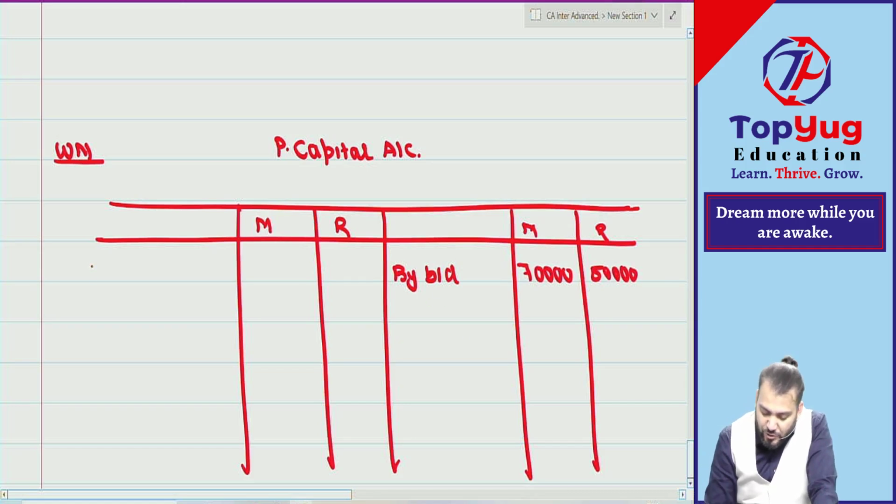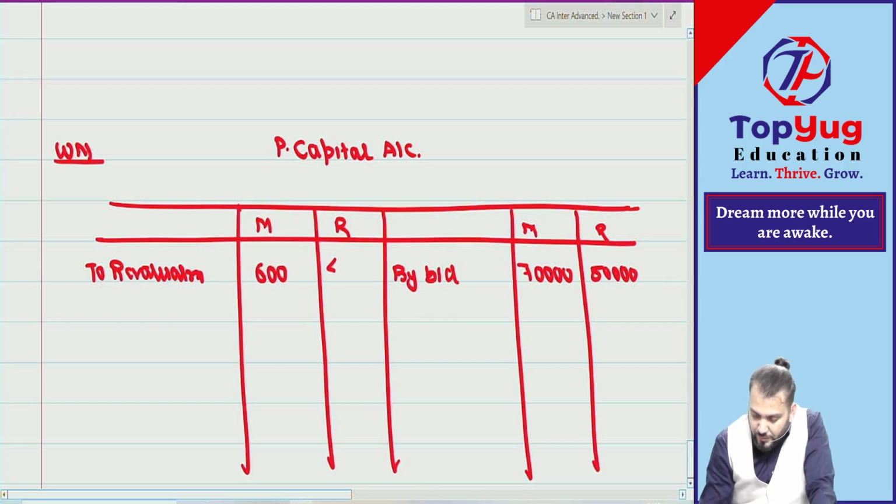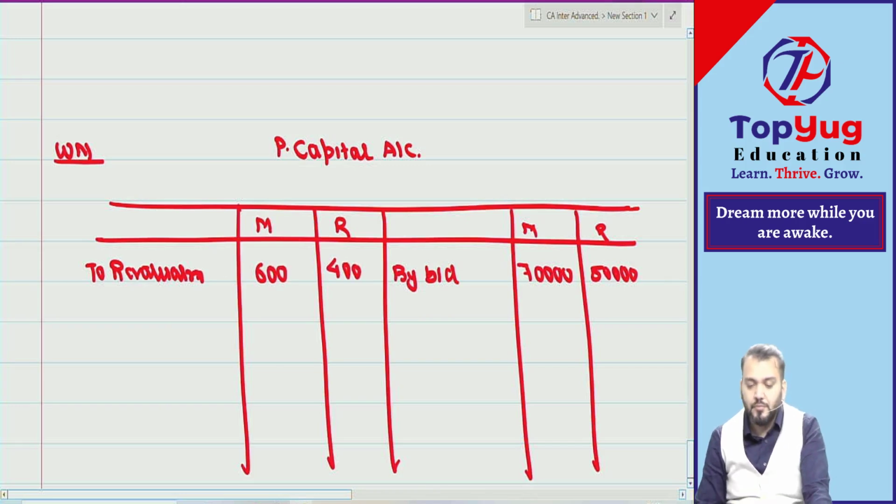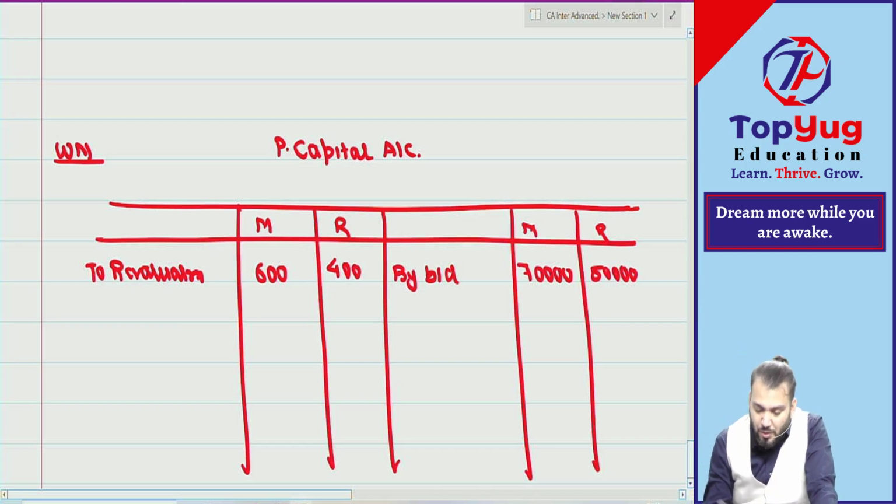Then there is a revaluation loss, so to revaluation how much? 600 and 400. Then point B of step number 2, realization: motor car taken over by M at what? 8,000.